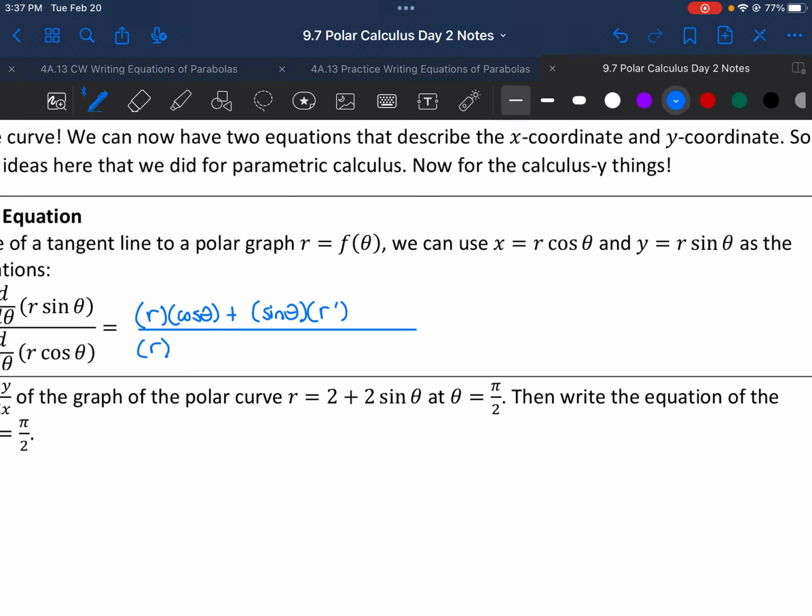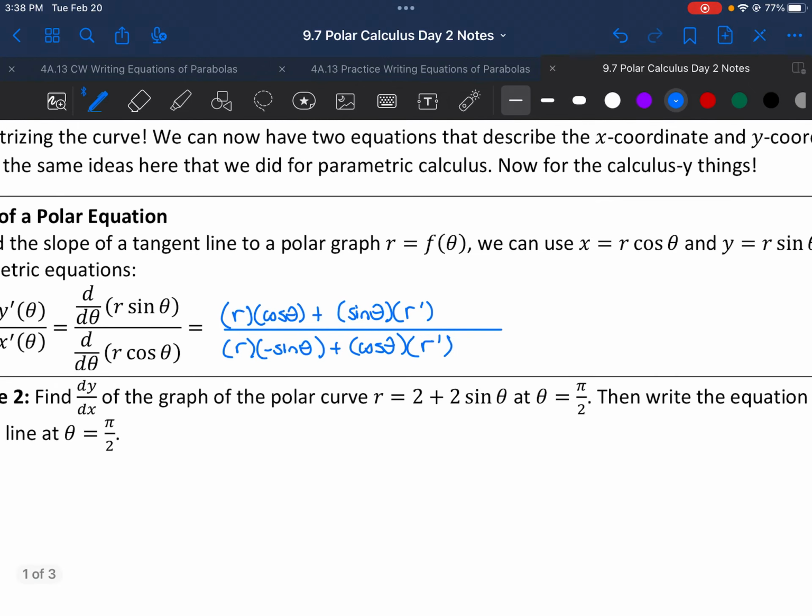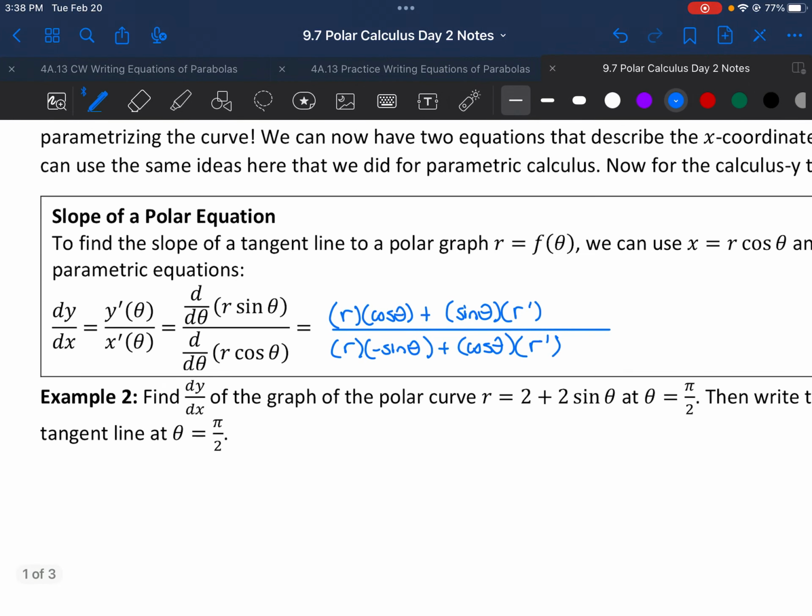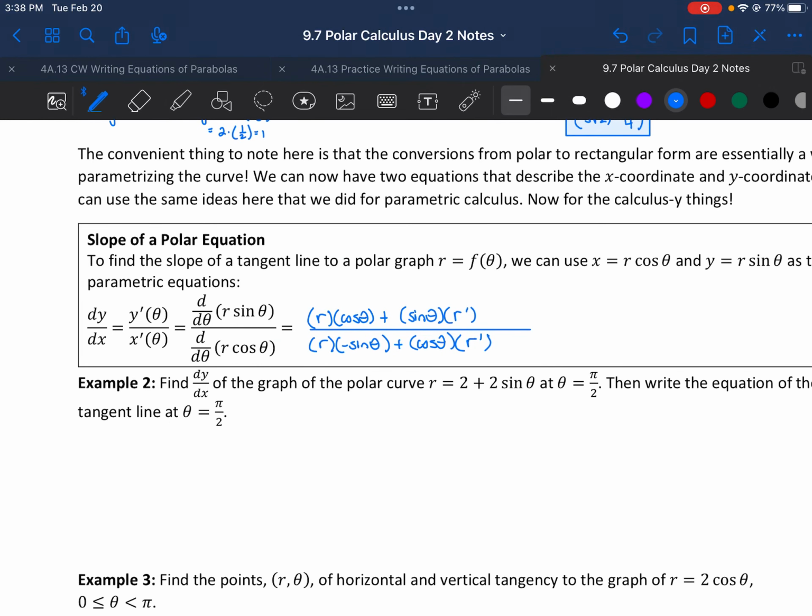Well, the derivative of cosine of theta is negative sine of theta, plus that second function unchanged, cosine of theta, times the derivative of the first function, the derivative of r, which is r prime. So this is the formula to find the slope of a tangent line to a polar graph. This is what we're going to turn into a flashcard.